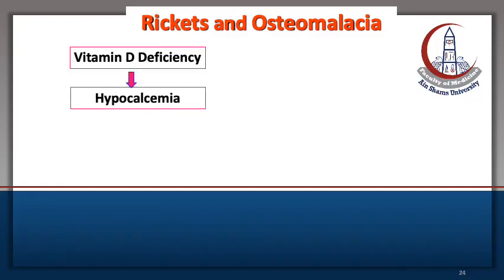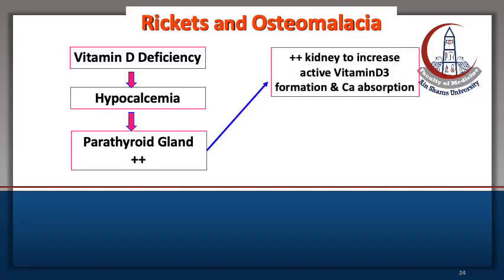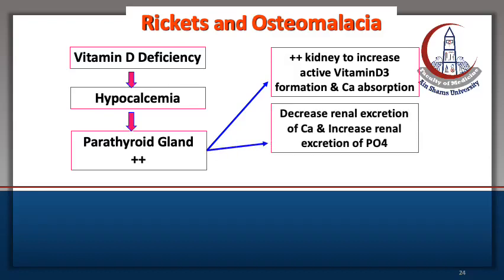Thus, in cases of vitamin D deficiency, there will be hypocalcemia and compensatory parathyroid gland activation, leading to increased kidney function to reabsorb the calcium, but unfortunately at the expense of phosphate.